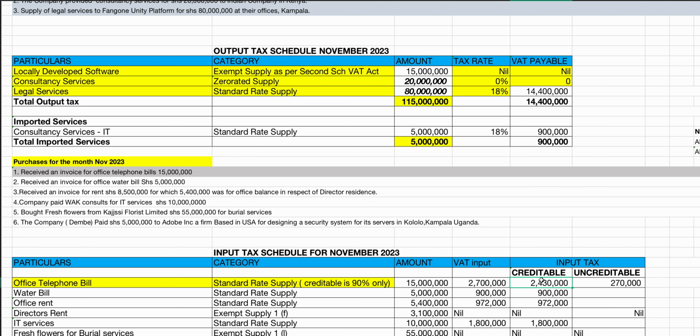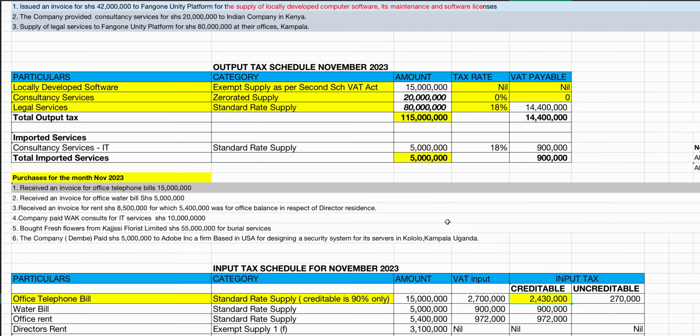As we say, we talked of the telephone services or bills, only 90% is allowed because we say 10% is not creditable. We talked of the repair and maintenance and import of automobiles. Unless you're dealing in that business, particularly as your main activities. We proceed to the next.